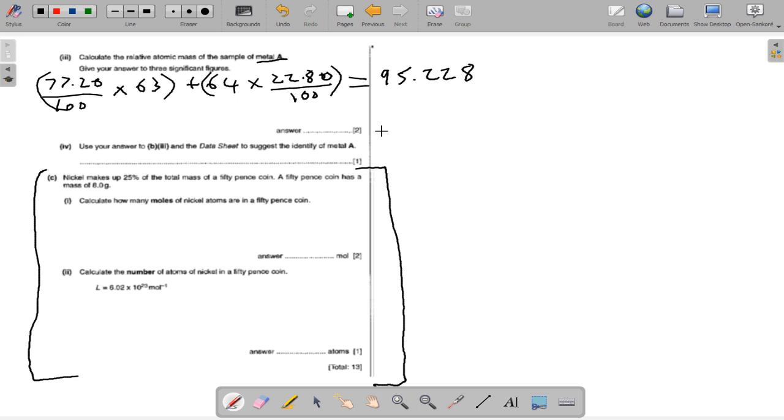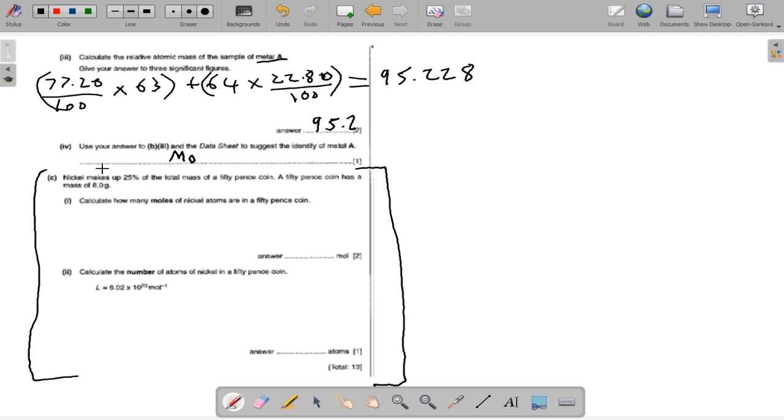Since they want our answer to 3 significant figures or 1 decimal place, 95.2 is our answer. And our unidentified metal is Mo, or molybdenum. I cannot pronounce that, but it's on the table, and it's closest to the number we have found.